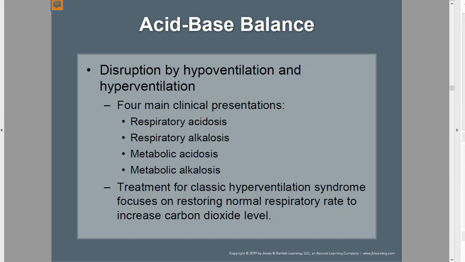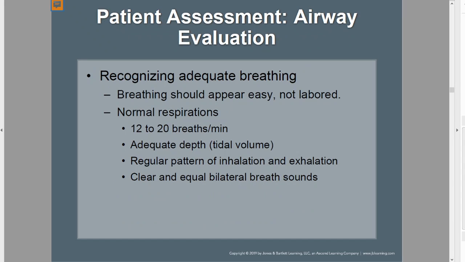We've already covered respiratory and metabolic alkalosis and acidosis. Remember, guys, when we're looking at breathing, rate is not everything, right? Somebody can be breathing 8 times per minute, but if they have adequate chest rise and adequate tidal volume, then that patient's breathing normally.